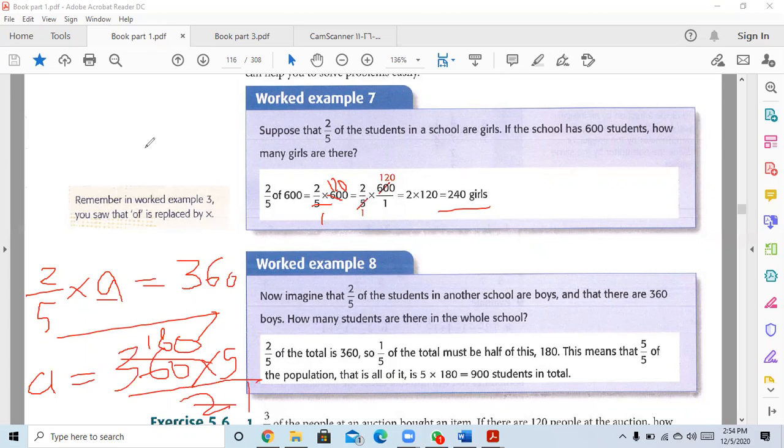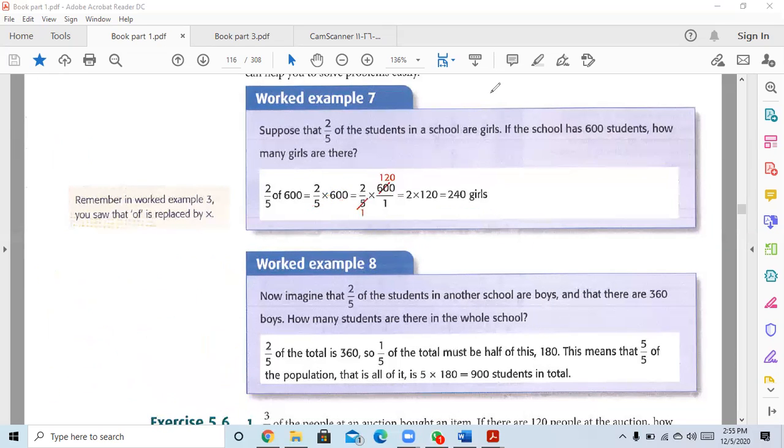Okay, let's solve this. 180 multiplied by 5: 5 times 8 is 40, write 0, carry 4, then 9, 90, yes, 900. So there are 900. The answer is equal to 900. You can see there are 900 total students. So you can solve like that.